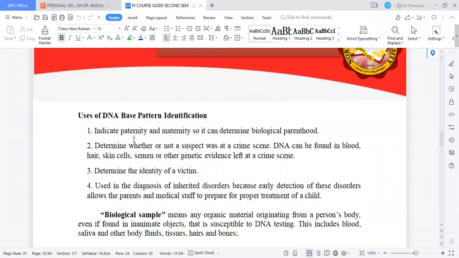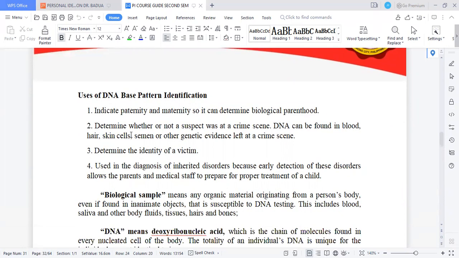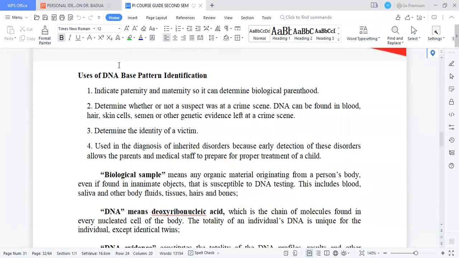Regarding the different uses of DNA-based patterns, they are provided in here. For paternity and maternity issues, whether or not the suspect was at the crime scene or pertaining to his involvement, they are going to determine some traces or physical evidence in there, and determine the identity of a victim.